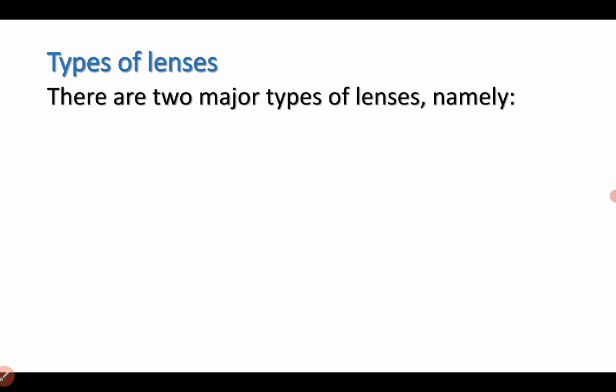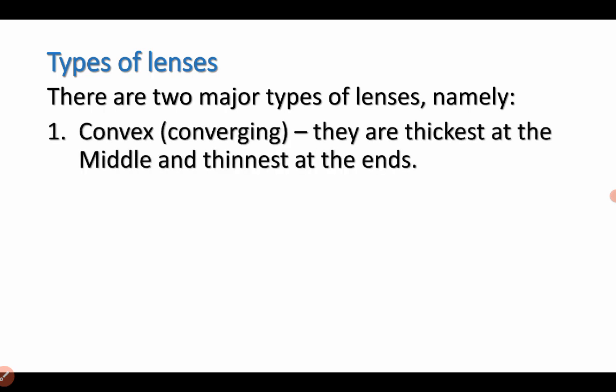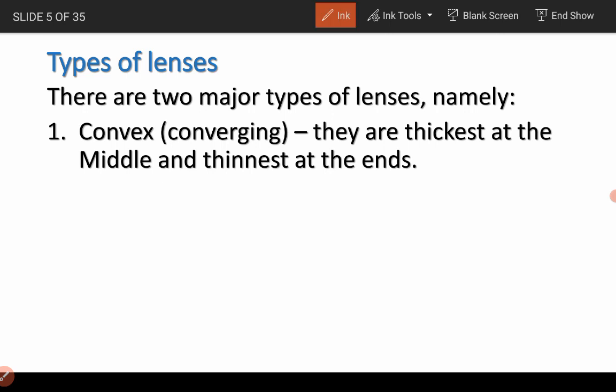So we are saying there are two major types of lenses, namely convex or converging lenses. Convex lenses are thickest at the middle and the thinnest at the edges, at their ends. You see a convex lens shaped like this.